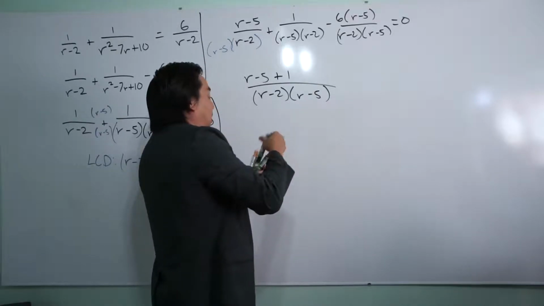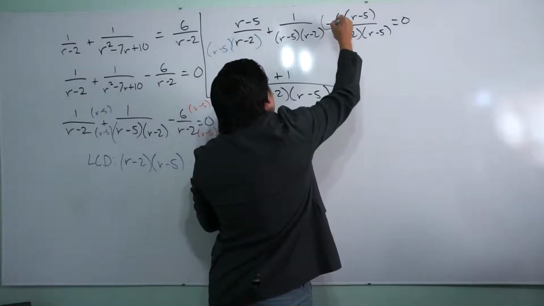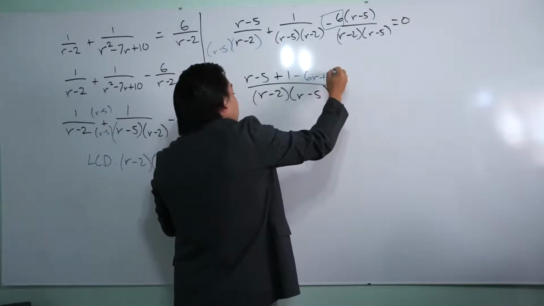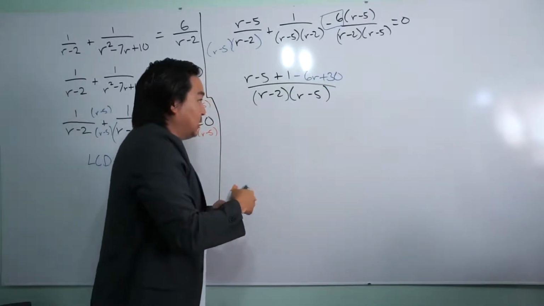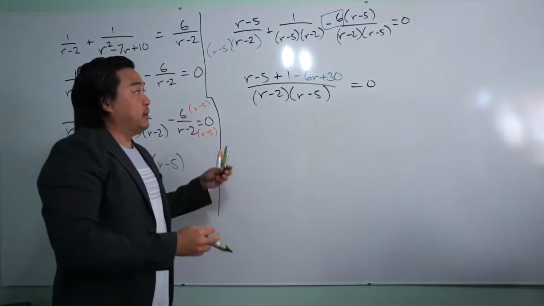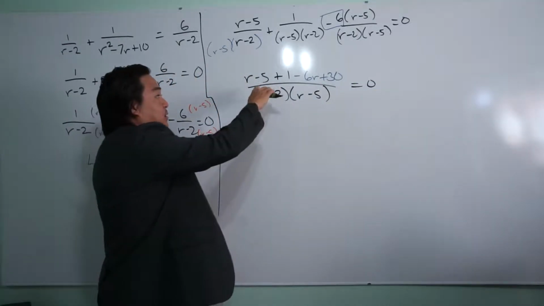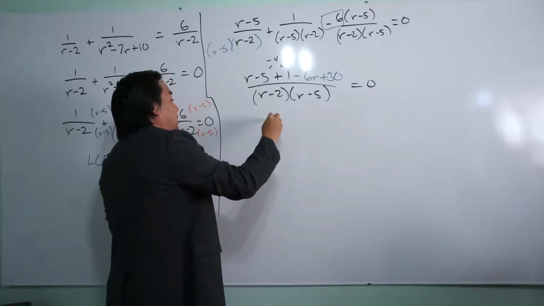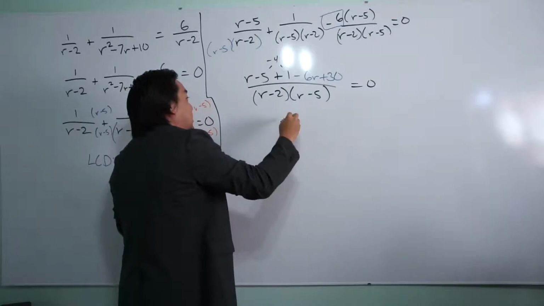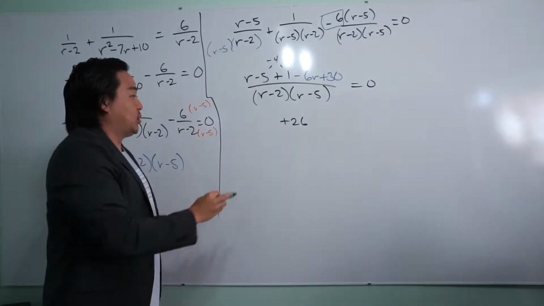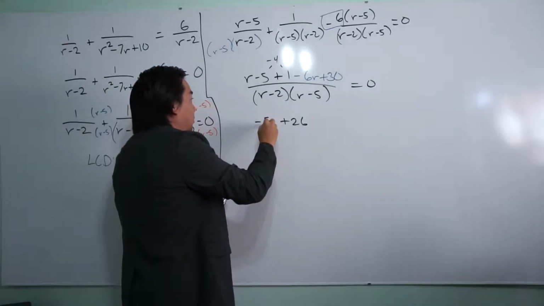And then on this right-hand side, don't forget, we need to use that minus 6 to give you minus 6r plus 30, and this is all equal to 0. If we simplify that top, minus 5 plus 1 is minus 4, plus 30 is plus 26. And then negative 6r plus r is minus 5r.